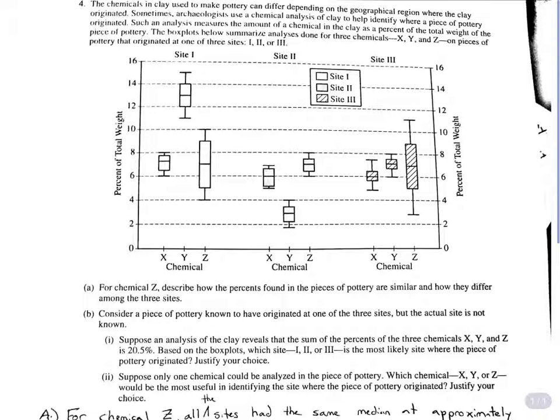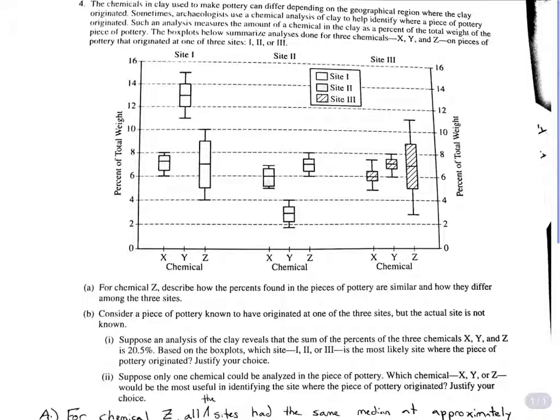The box plots below summarize and analyze the 3 different chemicals X, Y, and Z on pieces of pottery that originated from one of the 3 sites, 1, 2, or 3. So part A says for chemical Z, describe how the percents found in the pieces of pottery are similar and how they differ from the 3 different sites.